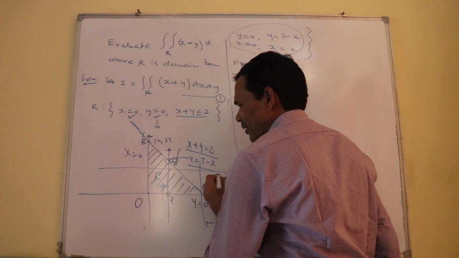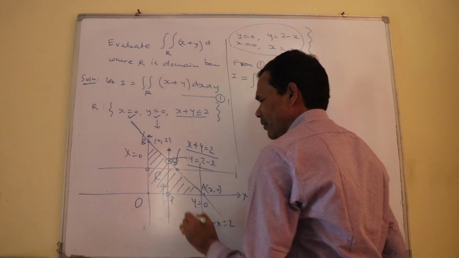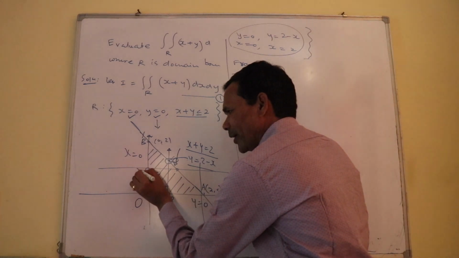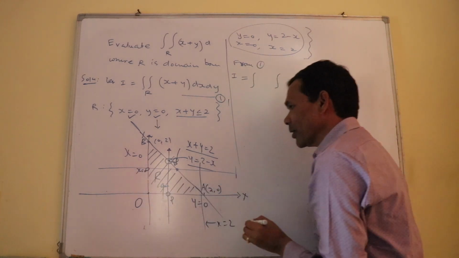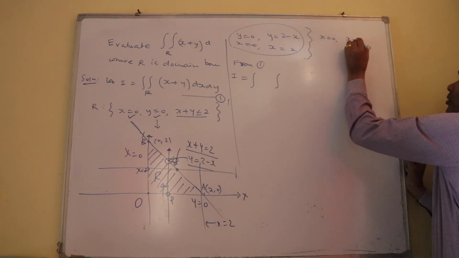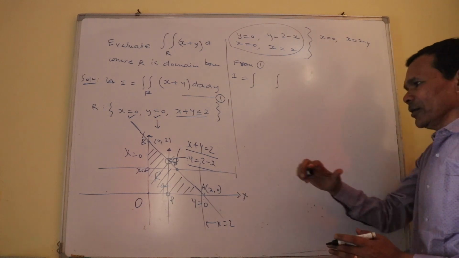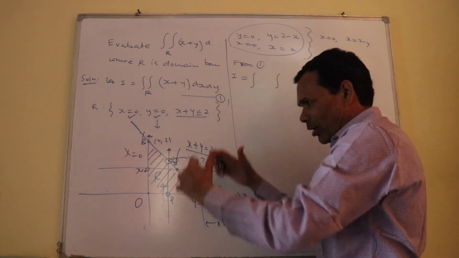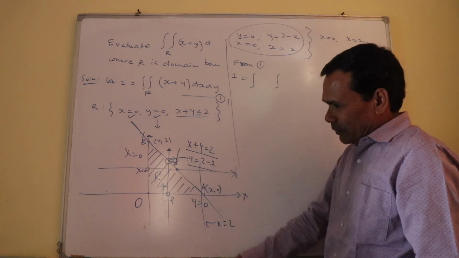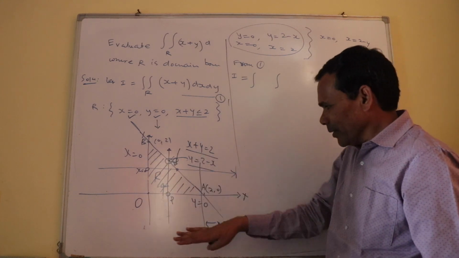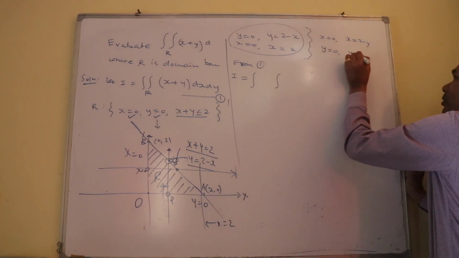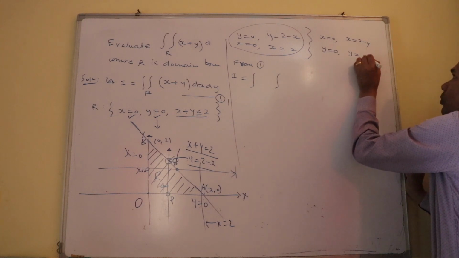This is for the vertical strip, or the line of width dx. Similarly, you can consider a horizontal strip. At this particular point, x is equal to 0, and at the other end x is equal to 2 minus y. And you have to move this strip from y is equal to 0 to y is equal to 2.